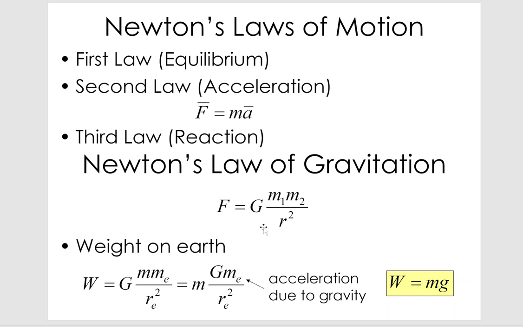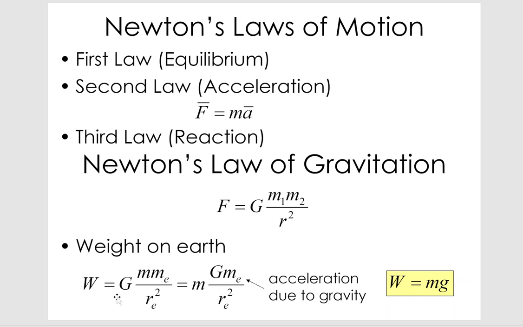So when we think about gravity, again, all of our problems will be taking place on Earth. The universal gravitation constant is just that, constant. We're going to assume the mass of the Earth is constant, even though satellites are leaving and meteorites are hitting us. But in general, we take the mass of the Earth to be constant.